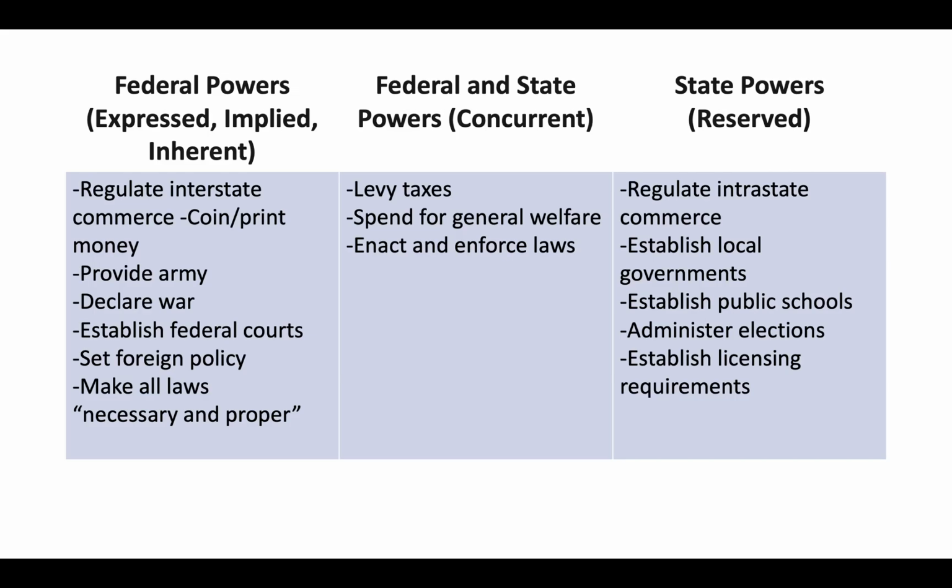Inter. I need you to write intra. Intra is 1 state. So, if I have a dairy farm, and I sell most of my cow's milk to Georgia, what type of dairy farm do I have?